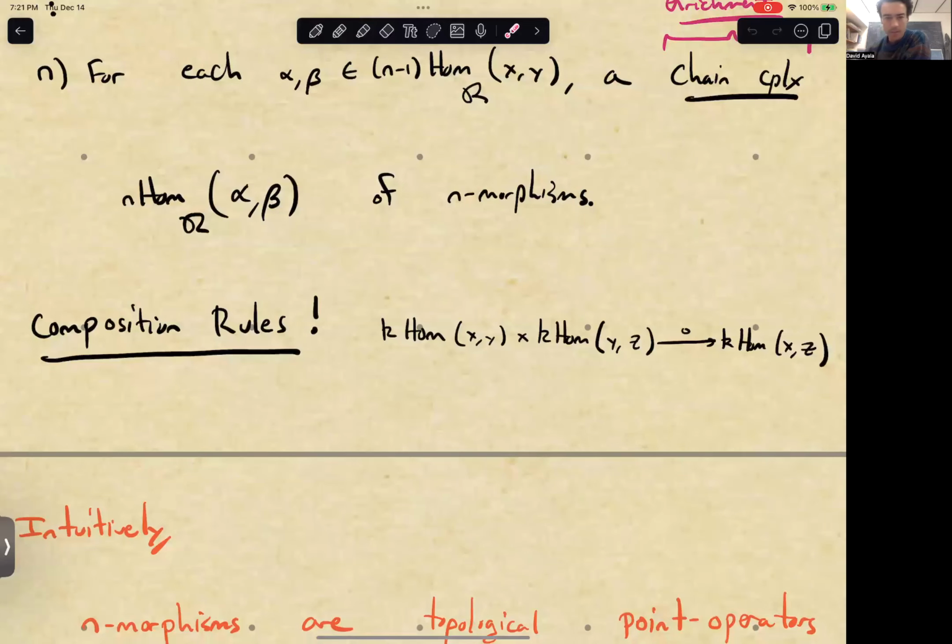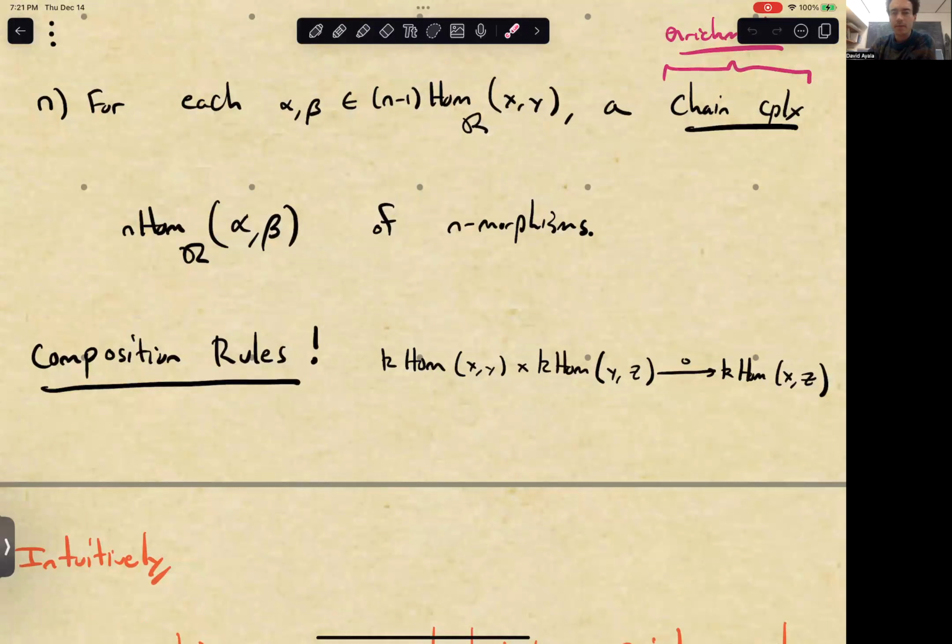Can you see the screen and is it moving now? Okay, great.